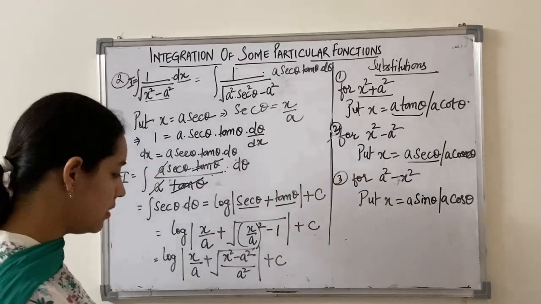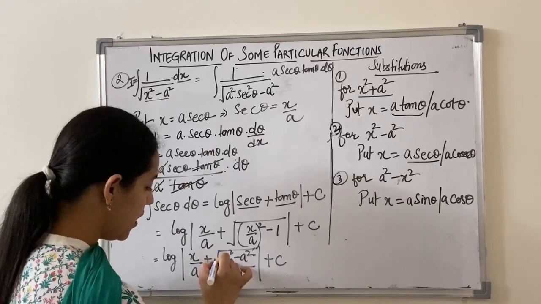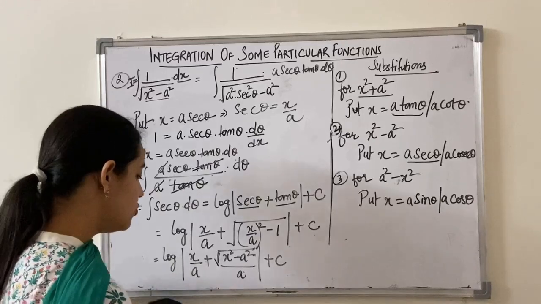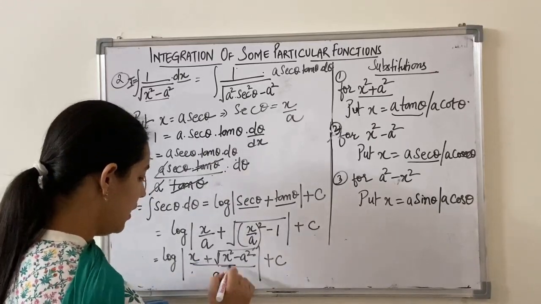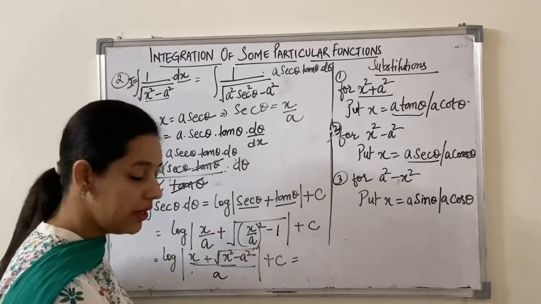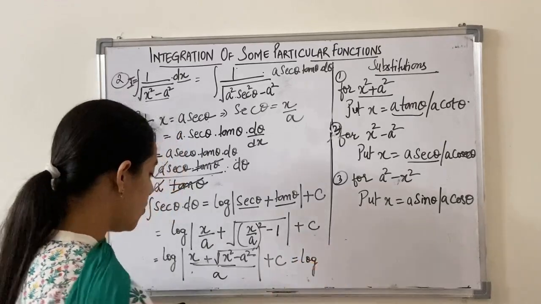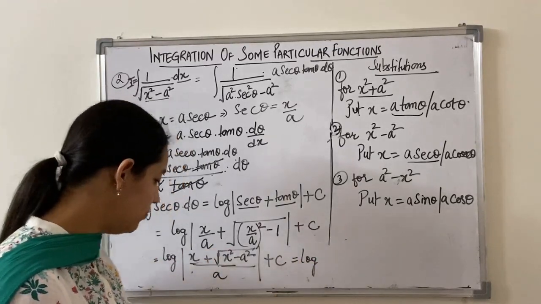Now you can further calculate it if we remove the square root sign from the denominator, it will be a, and then if you take the LCM, it is going to be a, and further using the properties of log, you can separate the numerator and the denominator using the property that says log of p upon q is log of p minus log of q.